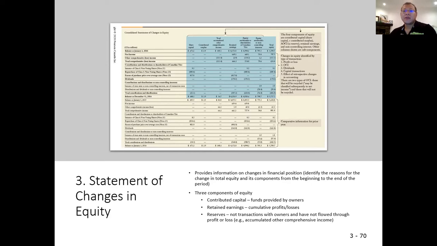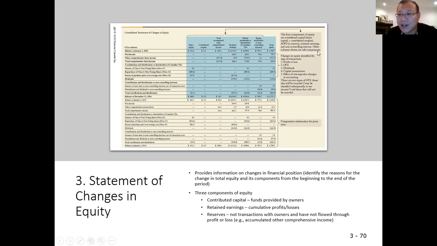Okay, and of course here the comparative information. Okay, comparative information at the bottom. So usually they would present comparative information side by side, right? But in this case, there are lots of columns for each year, right?